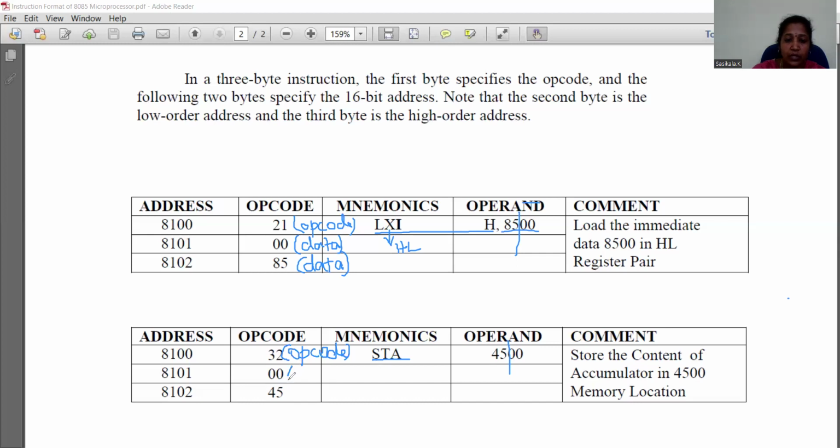This is our first data, and the second data is 45. So STA 4500 occupies 3 memory locations. That's why it is called a 3-byte instruction.